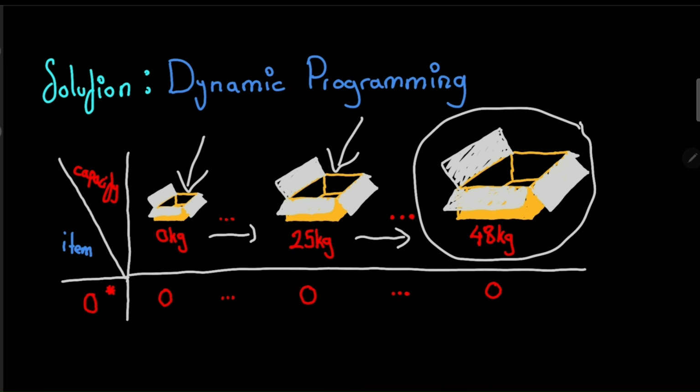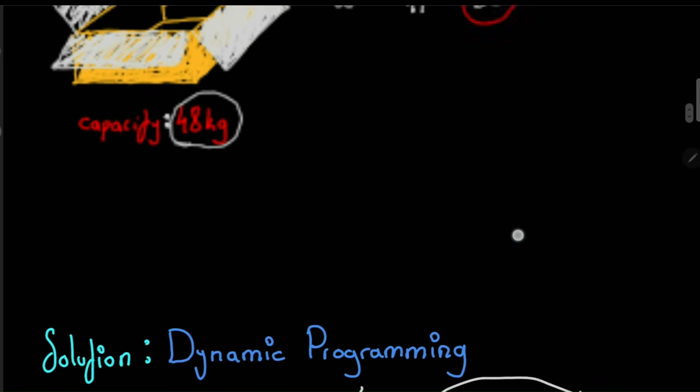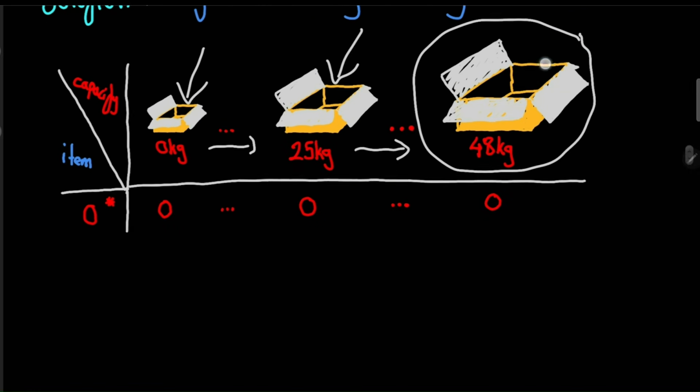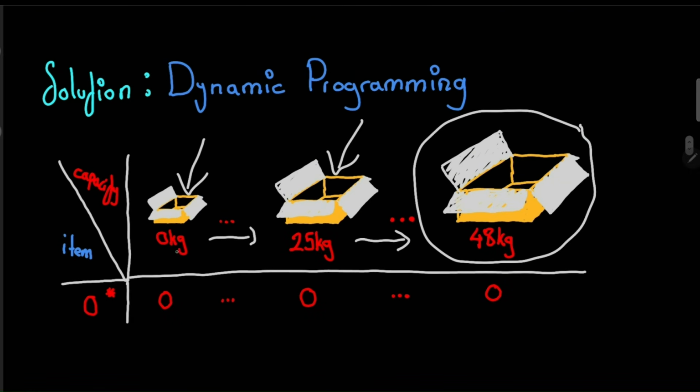In this table, the columns represent capacities from 0 up to the maximum weight. As you remember, in our example, we said that the capacity is given as 48 kilograms. So that's why we write here from 0 to 48 kilograms. The 48 is the actual capacity given in the problem.